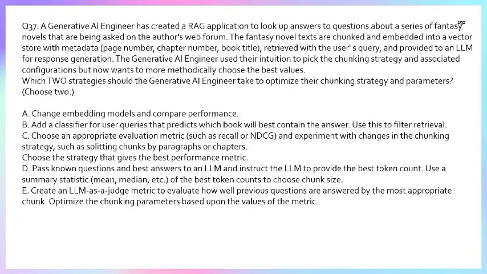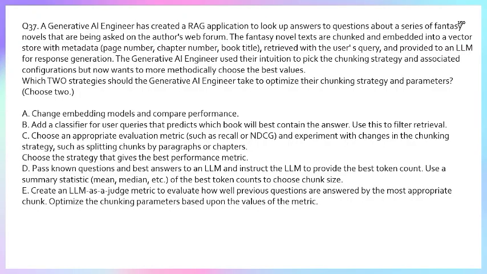Option C, choose appropriate evaluation metrics and experiment with changes in the chunking strategy, such as splitting chunks by paragraph or chapter, and choose the strategy with the best performance metrics. So performance metrics, splitting chunks by paragraph and chapter. This looks like a correct answer, right?